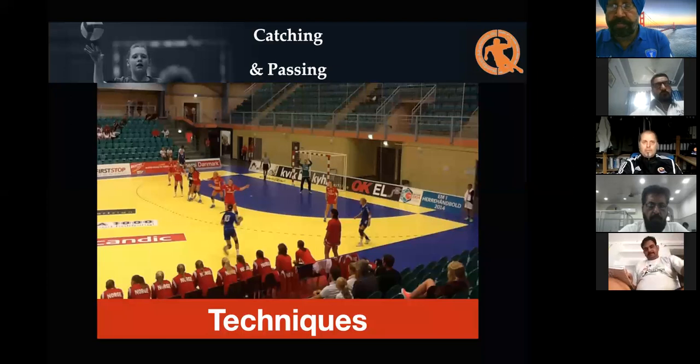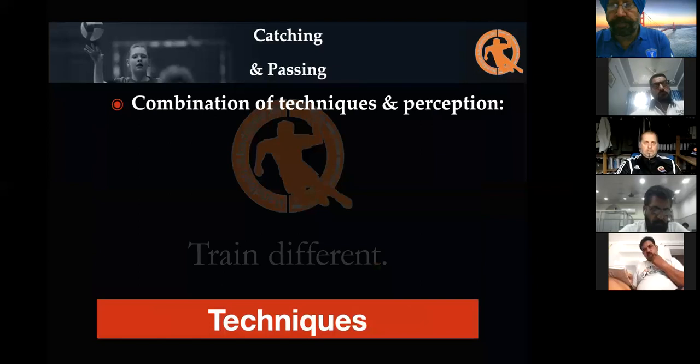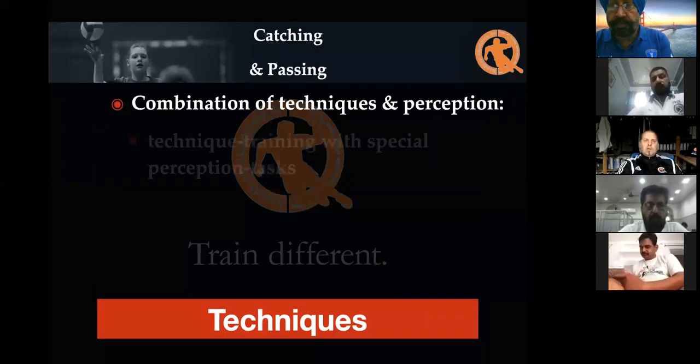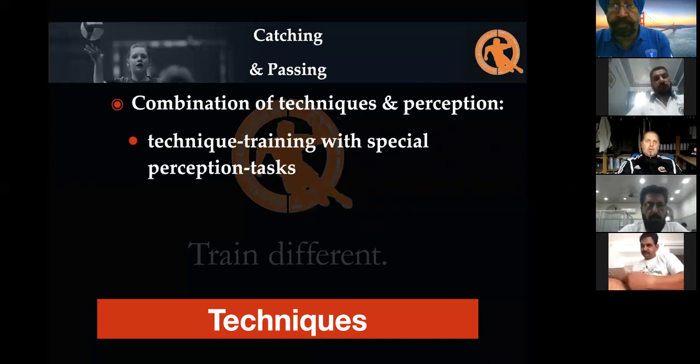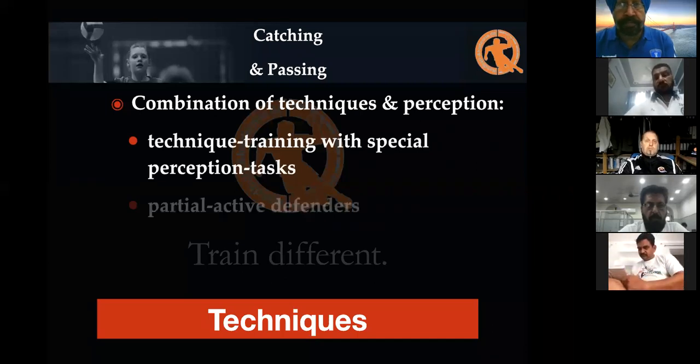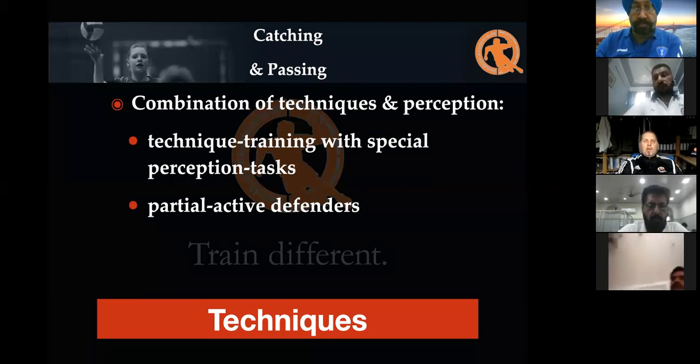Now, from that, we can combine the techniques and the perception in our training process, using technique training with special perception tasks, using defenders that at least in a way move, so they are not completely passive, but partial active.